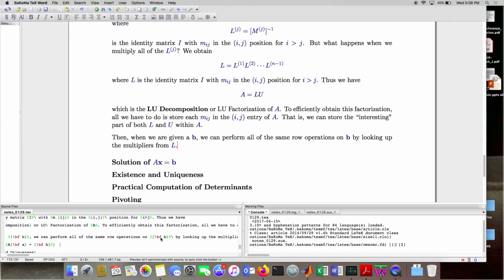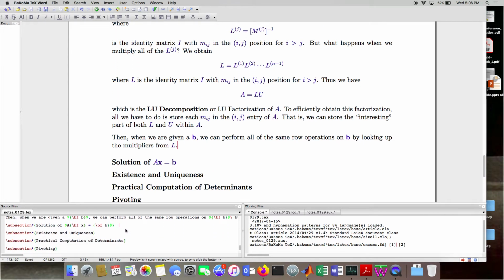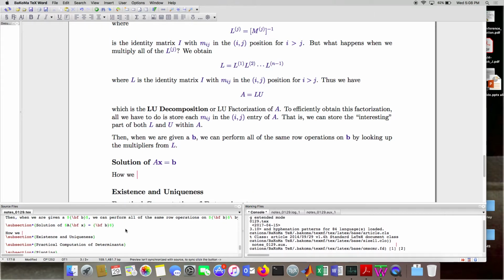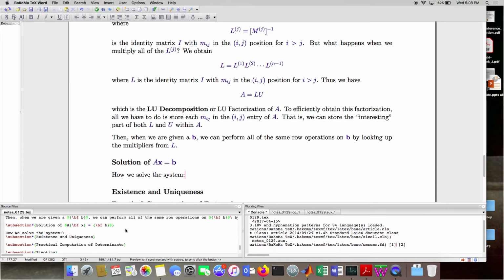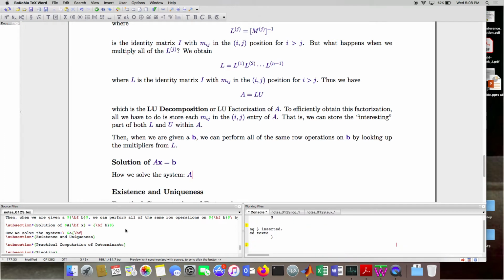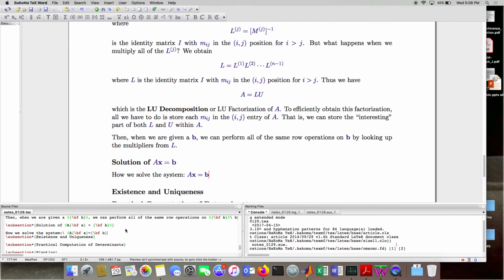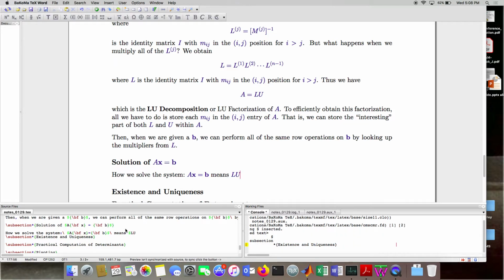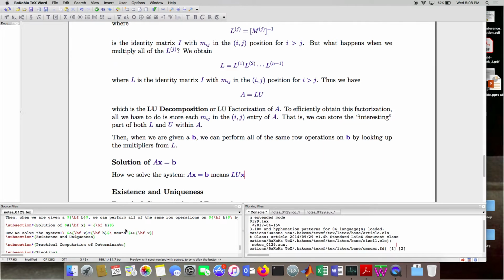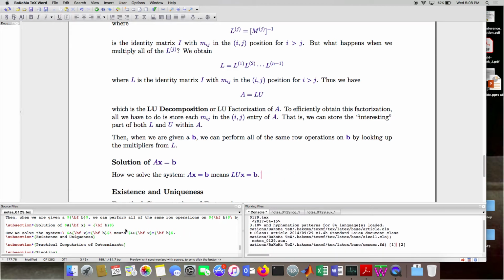So now I can describe this in a different way in terms of the LU factorization. AX equals B means that LUX is equal to B. Now I'm going to make a definition here.